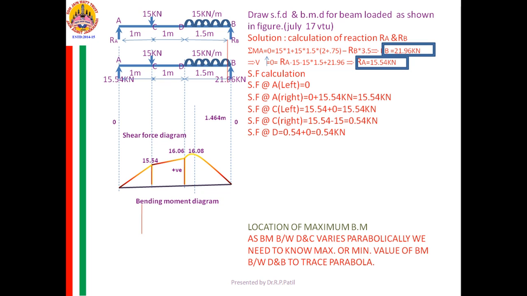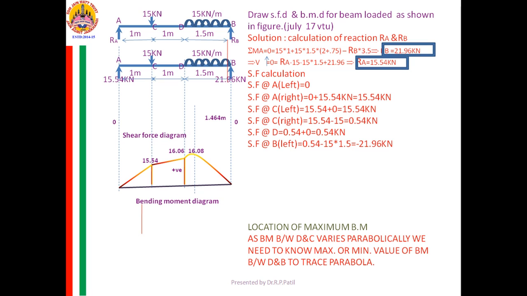How much is its value? 15 into 1.5. How is it acting? It is acting in downward direction. On what part is it acting? It is acting on the left part. Yes, on the left part means the left will move in the downward direction. Therefore, that SF will be negative. Therefore, it is 0.54 minus 15 into 1.5.